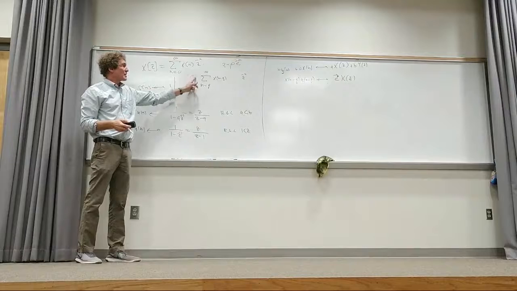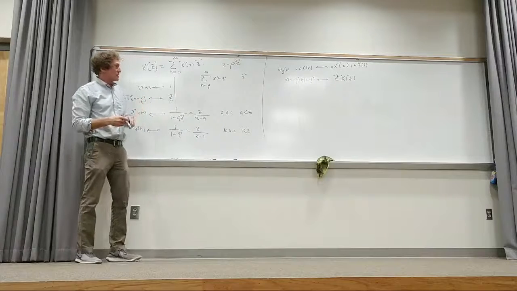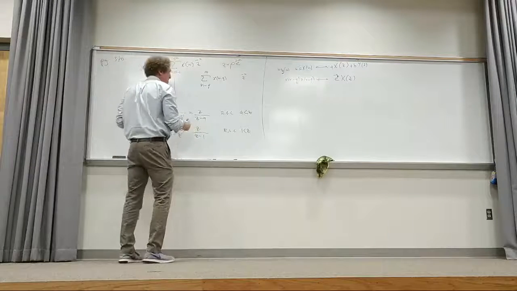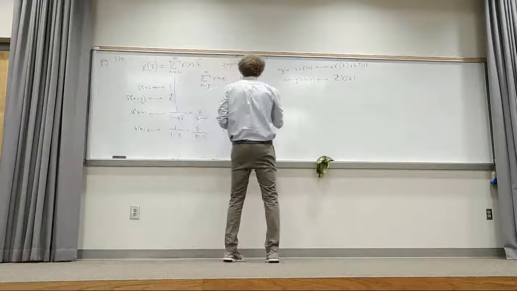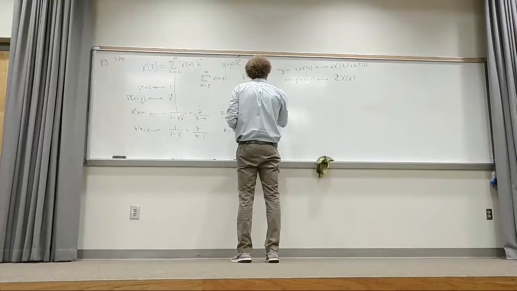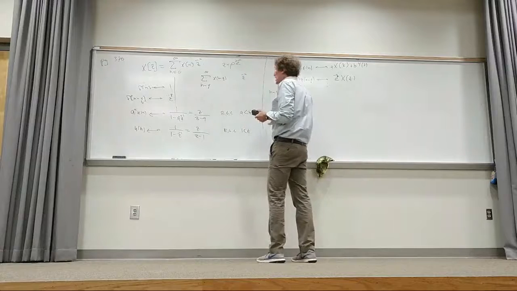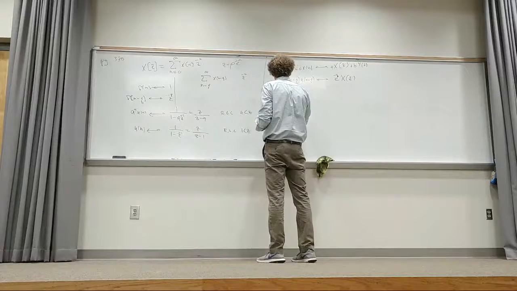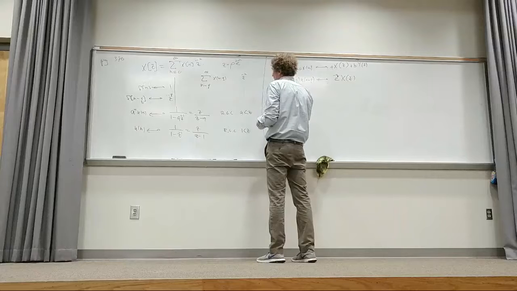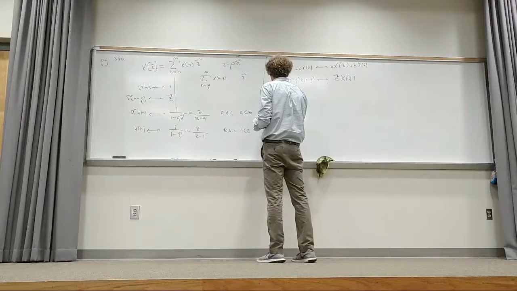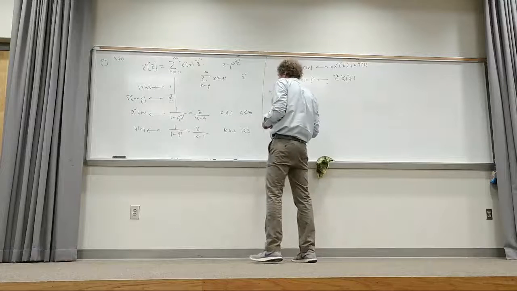Remember, I'm trying to evaluate this. So when I do it, for this one I'm just going to let n minus q be equal to something, I'll call it m. All right? And that means n is equal to m plus q.